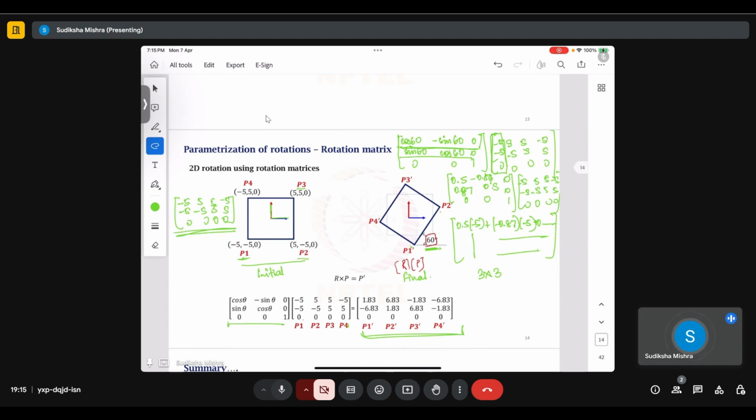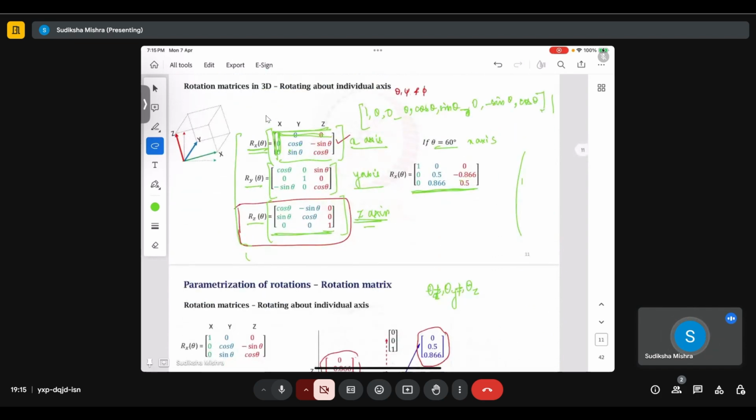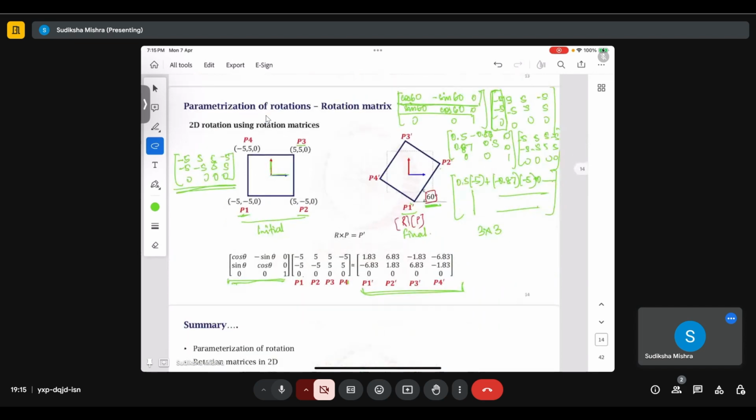So to compute the final points after the rotation, since the rotation is happening along the z axis, you would use this formula. Multiply the rotation matrix with the matrix that is formed by all of the points.